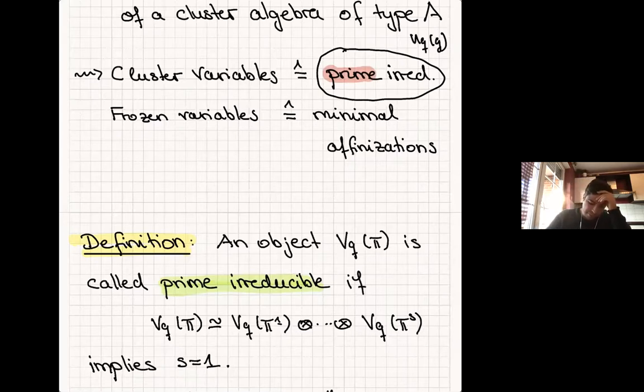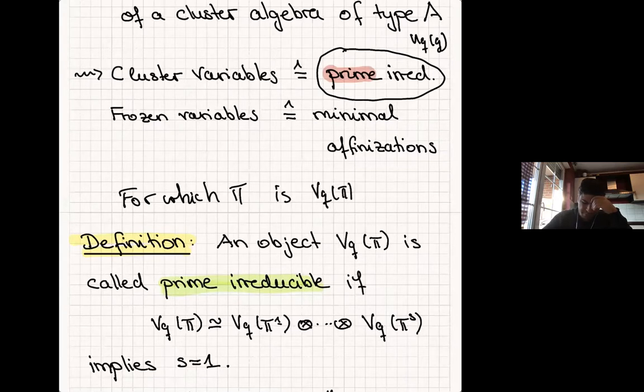Now there is one question here, namely, you can ask for which π is V_q(π) prime in this Hernandez-Leclerc category?